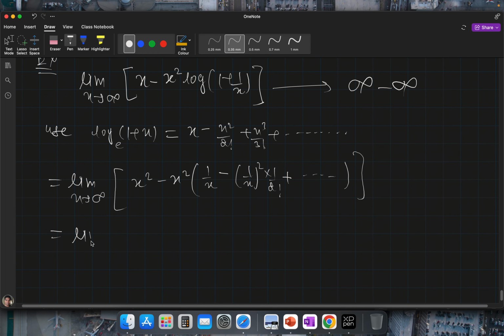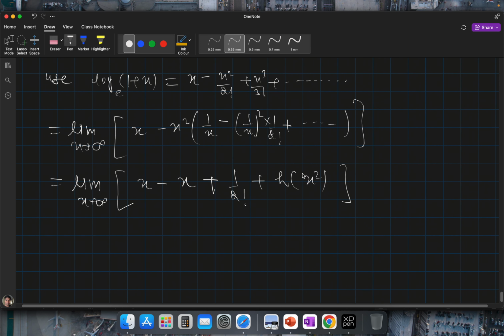So you can see that this is x only. So this is x minus x plus 1 by 2 factorial plus higher order terms of 1 by x.